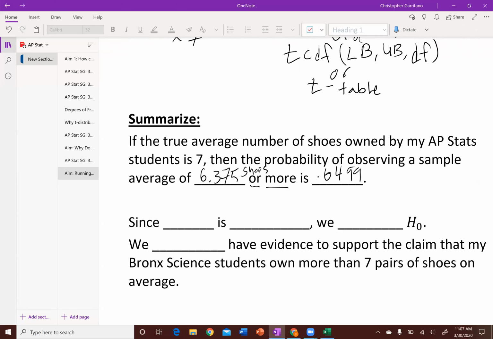Now let's make a decision on the hypotheses. Well, since 0.6499 is greater than 0.08, which was our alpha, we are going to fail to reject H null.